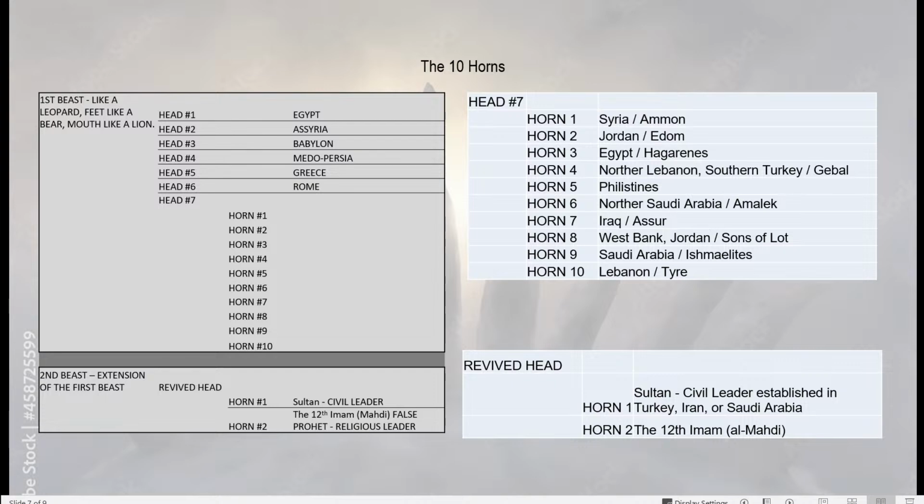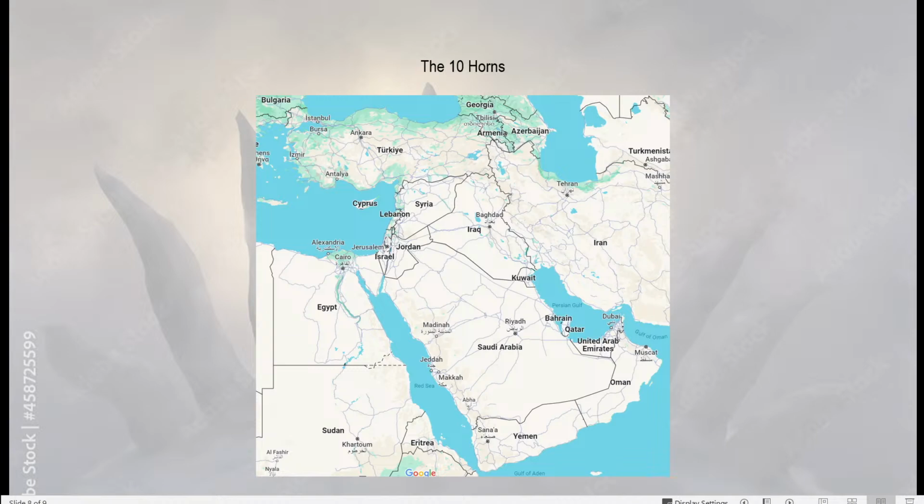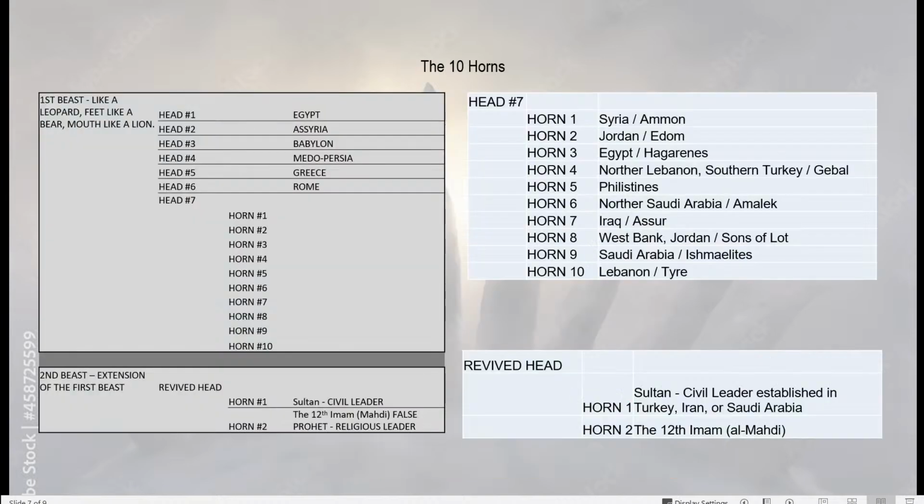Which would make sense. Remember we talked about in Revelation 13, in verse 8 it says, everyone living on earth will worship it except those whose names are written in the book of life.